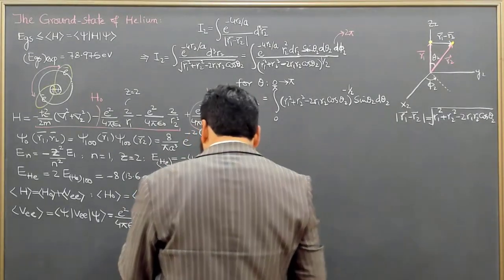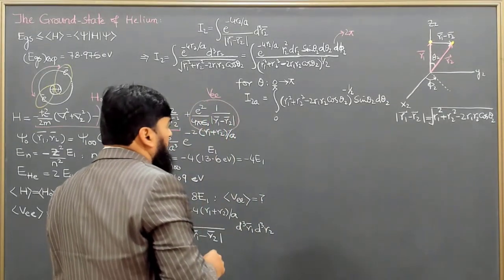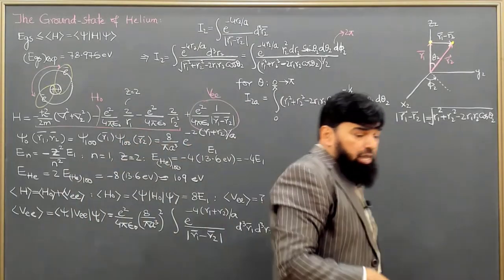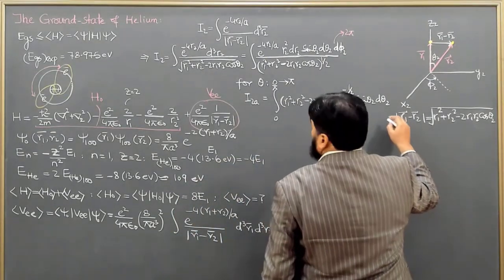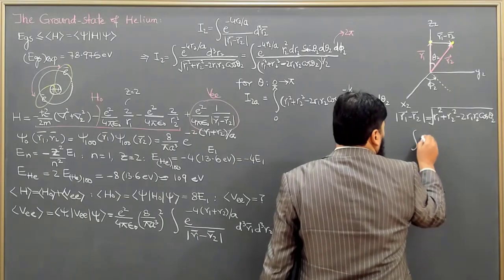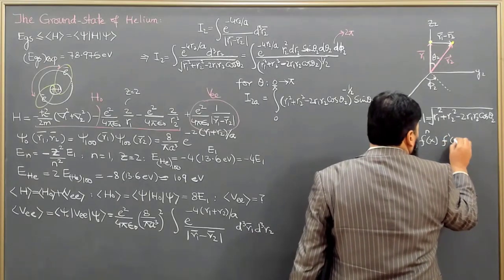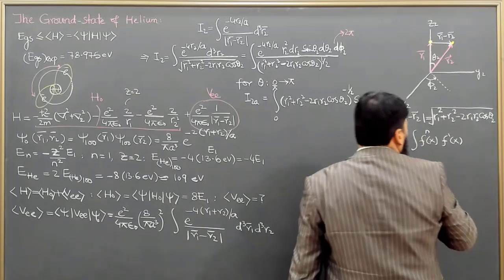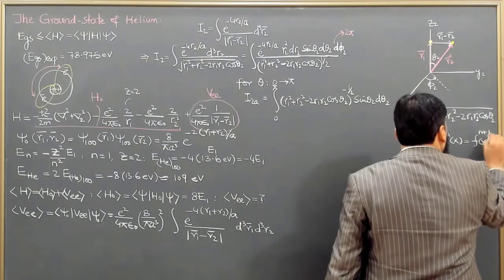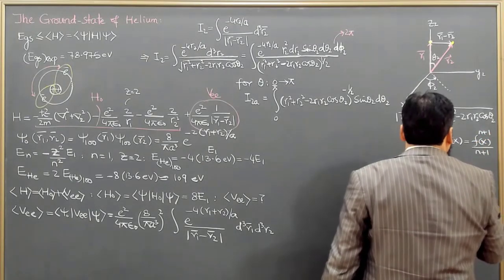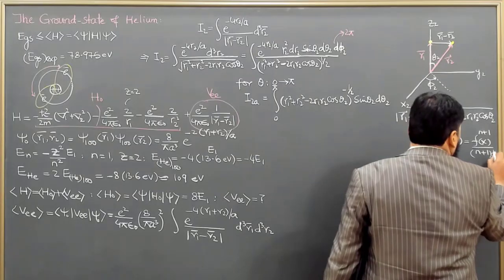So I will have to solve this integral first, and to solve it, we know one basic formula: if we have the integral of f of x to the power n, and in front of it its derivative exists, then we write f of x to the power n plus 1 over n plus 1, and we also integrate the domain of x as well.